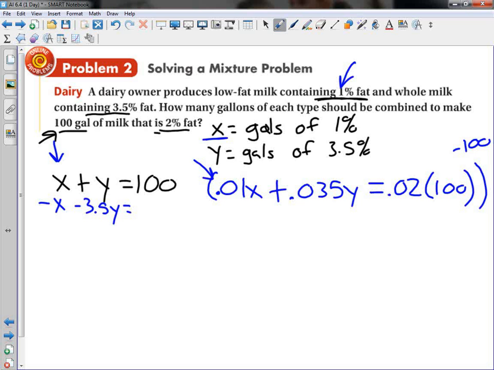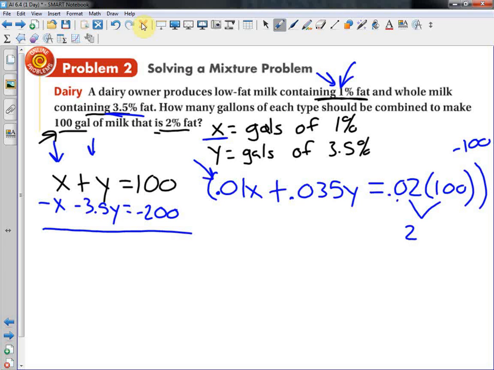And then, let's see, we'll do this in parts. 0.02 times 100 is 2, times negative 100 is negative 200. Basically what we've done by multiplying by negative 100 is make them the opposites of the percent, right? Negative 1, it was supposed to be 1%. That's the middle number, the y is 3.5%.